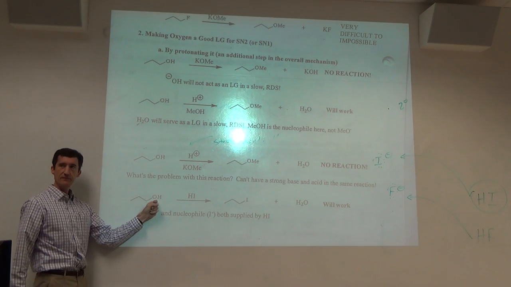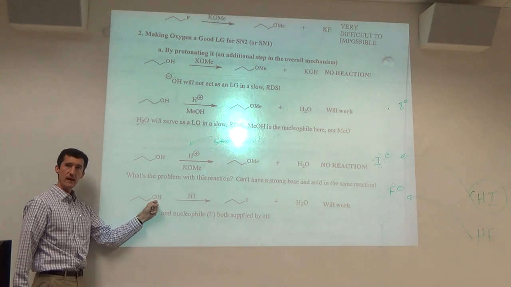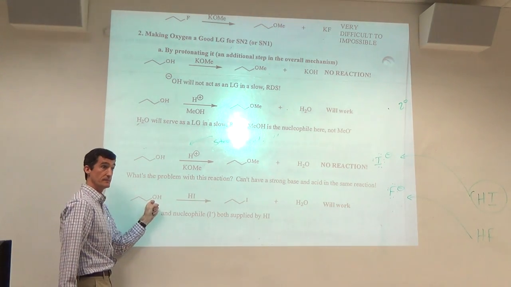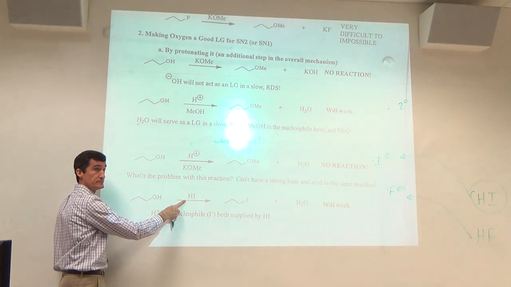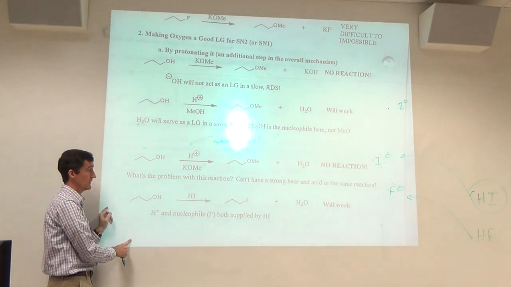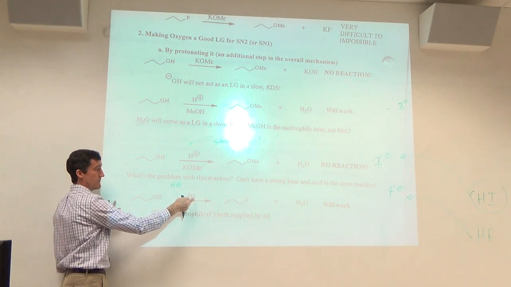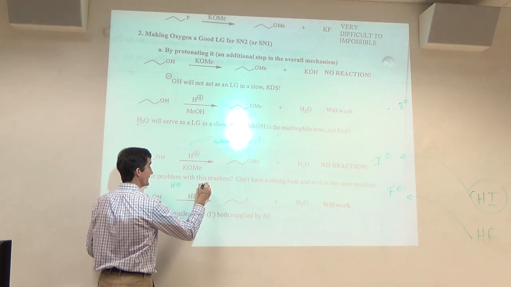First off, is this a good leaving group? No. How do you make this a better leaving group? The first way. Protonated. Got to have an H plus. Is this a source of H plus? Yes, HI is a strong acid. So this is H plus. What else is this molecule a source of? It's also a source of I minus.